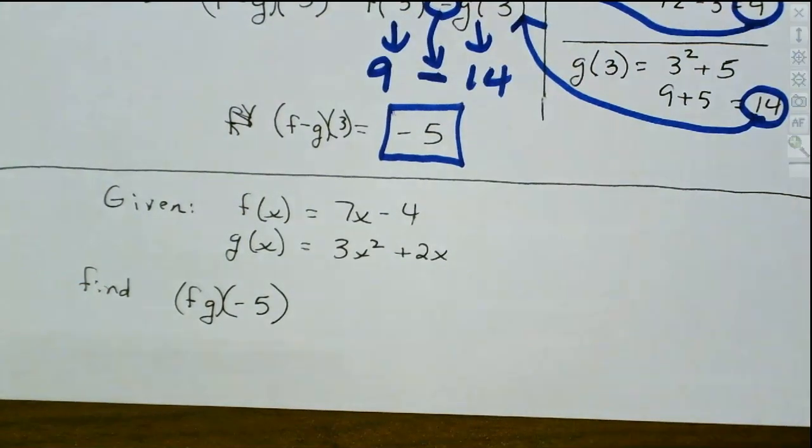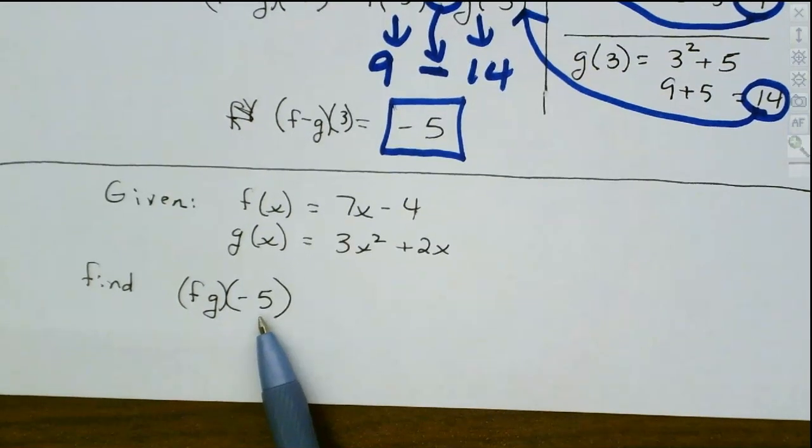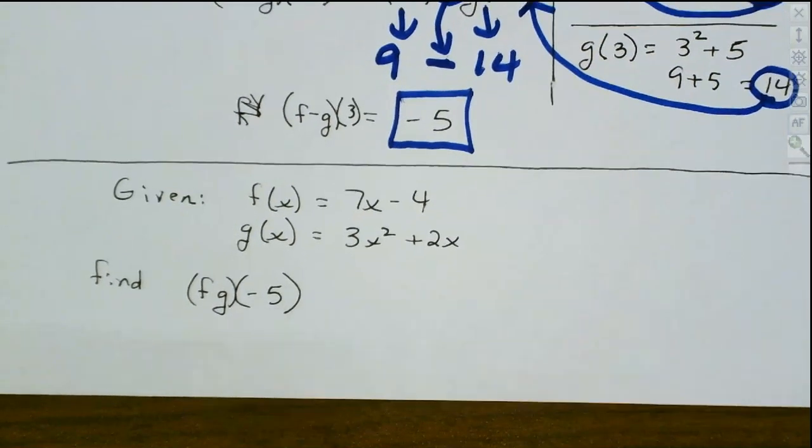Okay, so let's take a moment to think about what we have. Number inside the parentheses. So what's my answer going to be? A number. That's the first thing I always do, is figure out what is my answer going to be, a number or a variable. The next ones we're going to do are going to be variables.